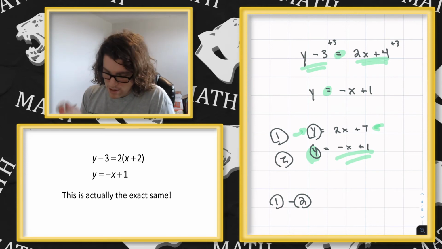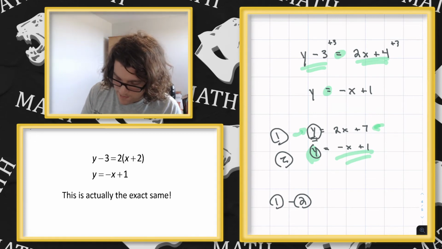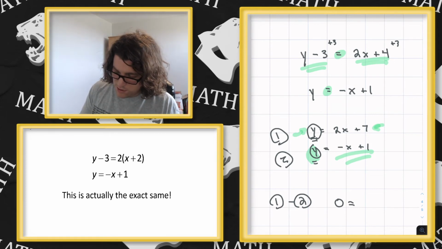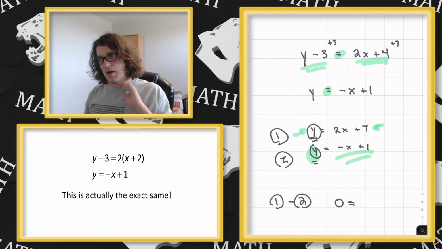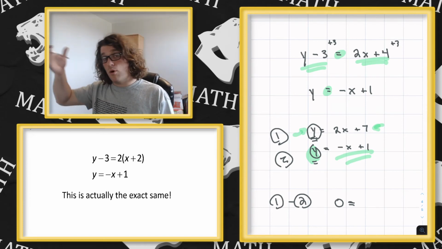What happens here? If I take 1 and I subtract 2 from it, it's y minus y, which gives us 0. It's still equal to, because I'm doing this operation on one side of the balance, one side of the balance.